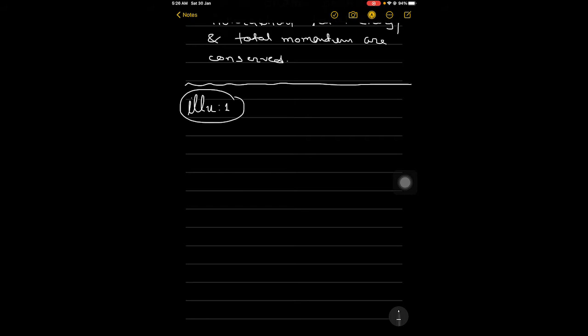The question is given that monochromatic light of frequency f equal to 6 into 10 to the power 14 hertz is produced by a laser. The power emitted is 2 into 10 raised to minus 3 watt. Now the question is, what is the energy of a photon in the light beam?